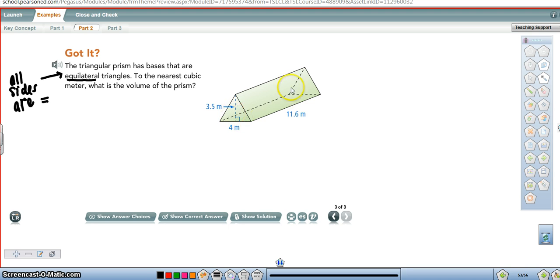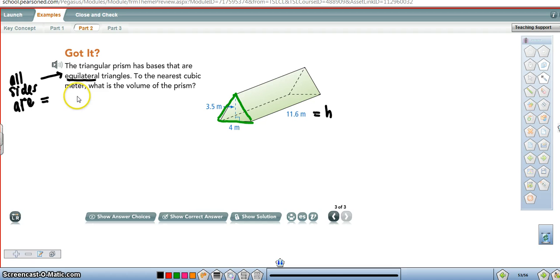This also is a triangular prism because the ends of it are triangles. So our bases are triangles. This is just like a triangular prism that's laying down. But this is still our base. And since our triangular prism is laying down, this would be the height of that whole triangular prism. Just imagine it standing up on its ends.